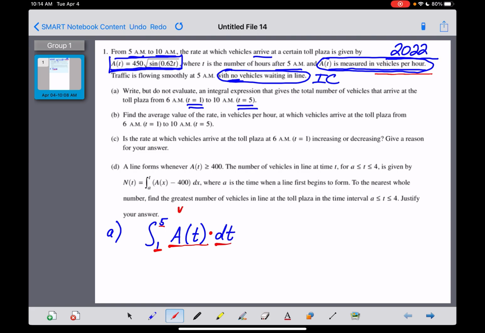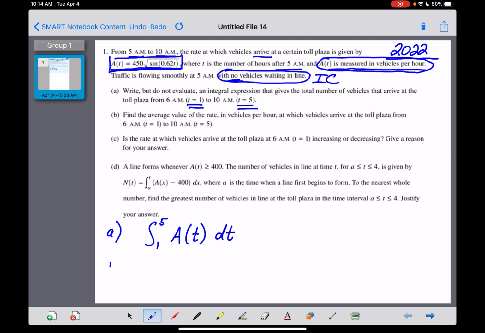So we are multiplying right here vehicles per hour multiplied by hours. The hours cancel, leaving us with vehicles overall. And that's what we wanted for part A, and for some strange reason, they must have thought this problem was a little bit too time-consuming here. They don't want us to go ahead and evaluate that. They said just set up the integral and then leave it as is. So that's my answer there for part A.